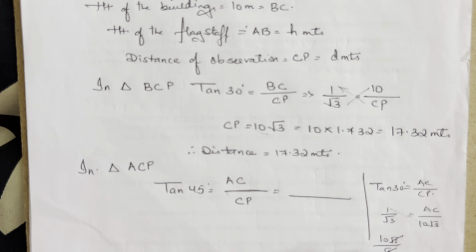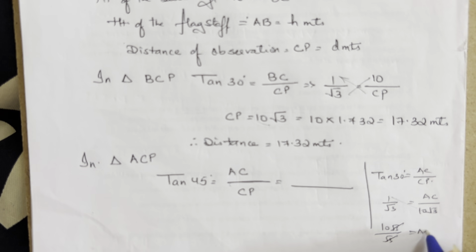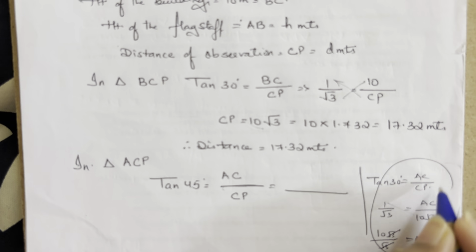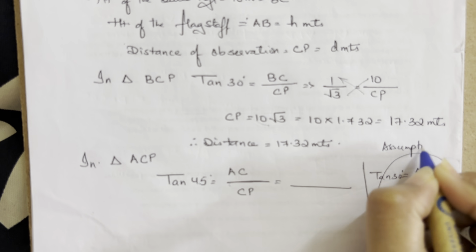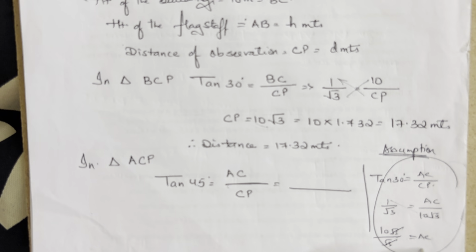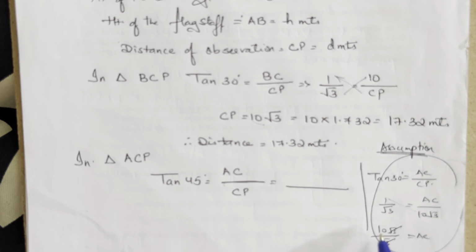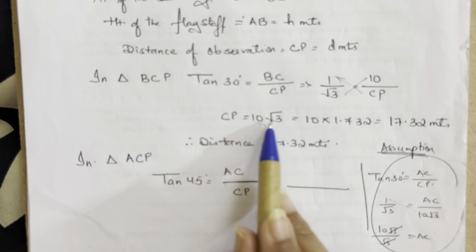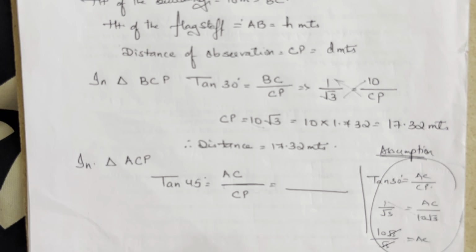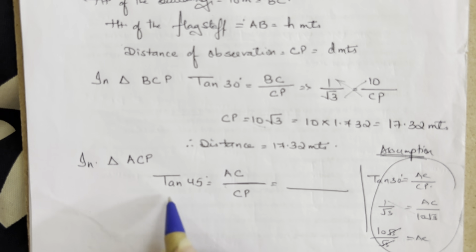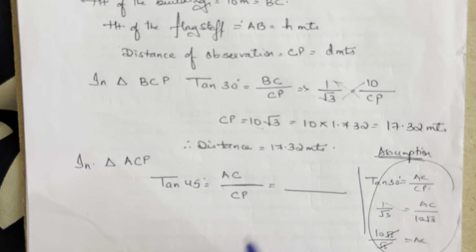So this root 3 can get cancelled, and AC will be 10. This is just an assumption and an explanation. So that is why it's better to take 10 root 3 than 17.32. That's what I'm trying to explain here. But since I have 45, I know it is 1, so it will be easy.